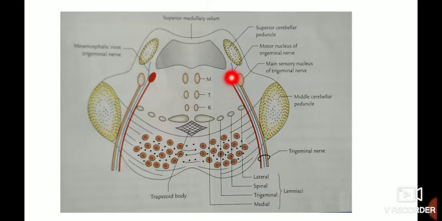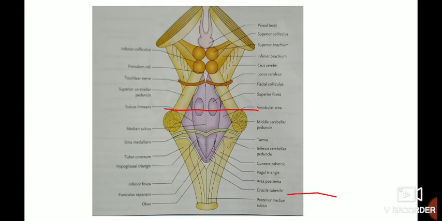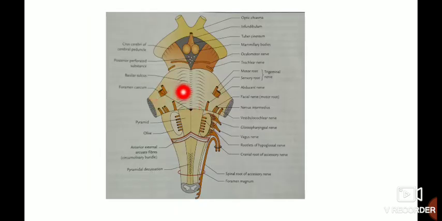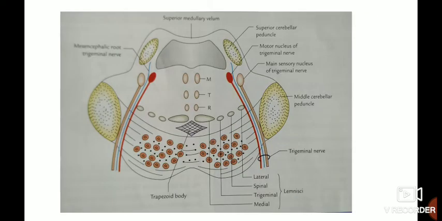These two nuclei, the motor nucleus and the sensory nucleus, give rise to nerves that emerge on the anterior aspect of the pons, like you have seen on this diagram. Among the white matter, from medial to lateral, we have the medial lemniscus, trigeminal lemniscus, spinal and lateral lemniscus, and we have the medial longitudinal bundle, tectospinal and rubrospinal tracts.